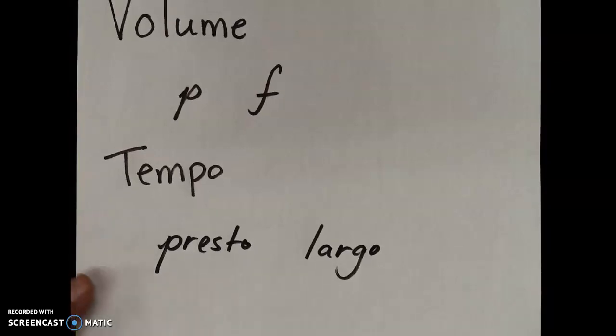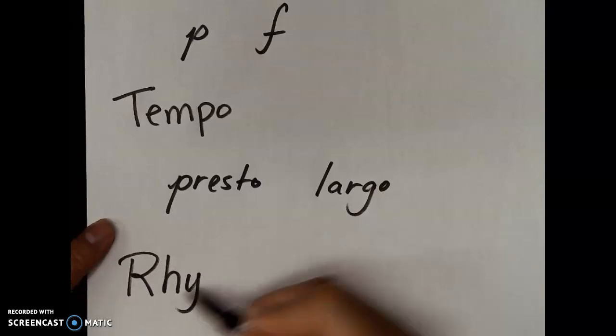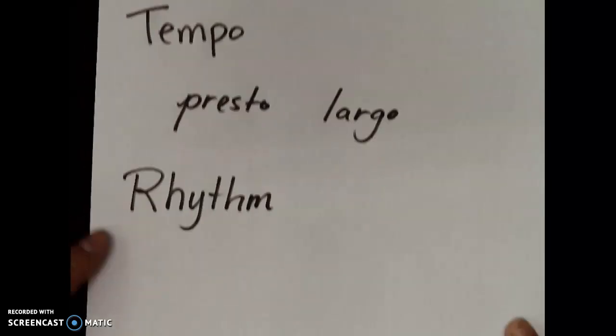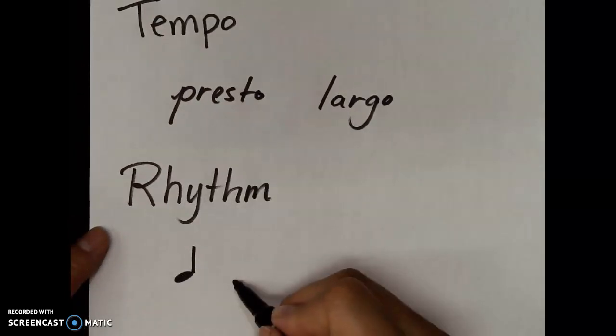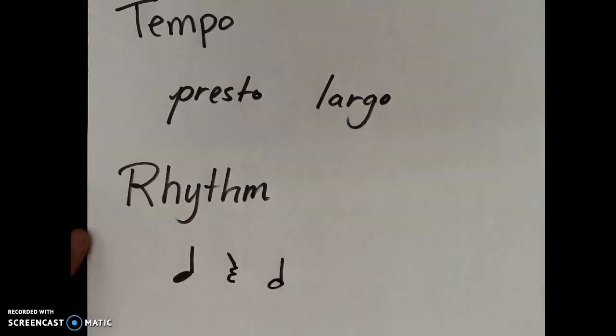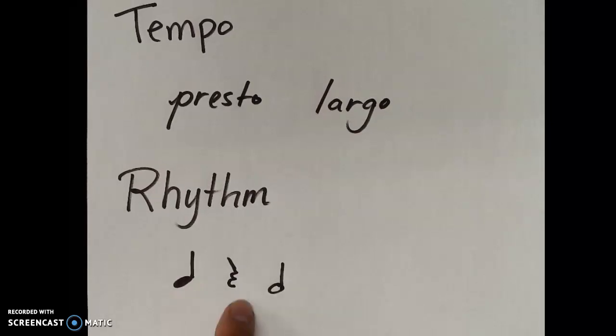In this semester, we're going to learn rhythm. I'm pretty sure you've seen it before, even if you don't know what it is. Things like this. These notes and rests tell you when and how long you should or shouldn't make a noise.